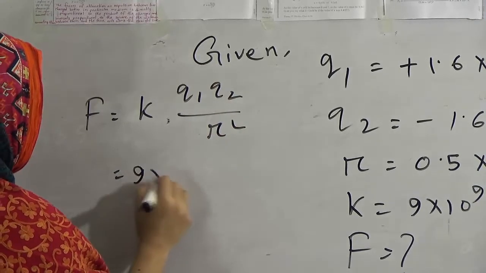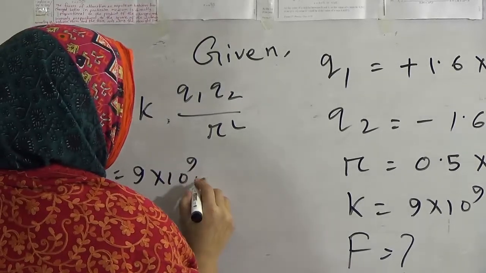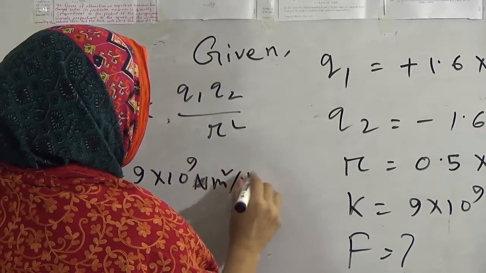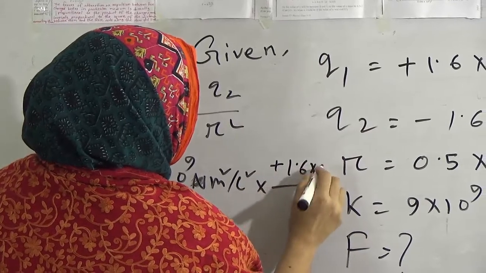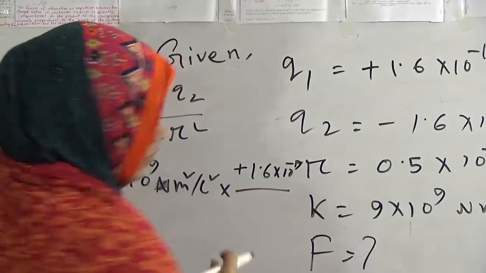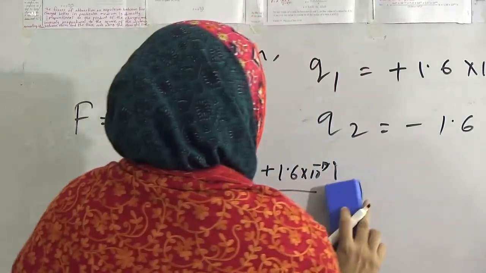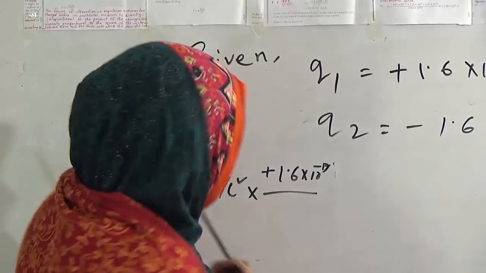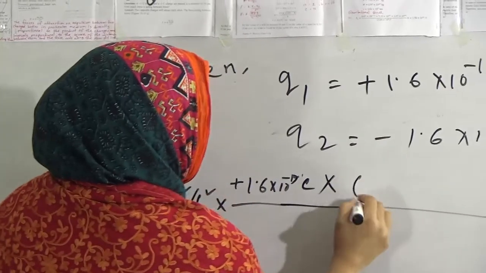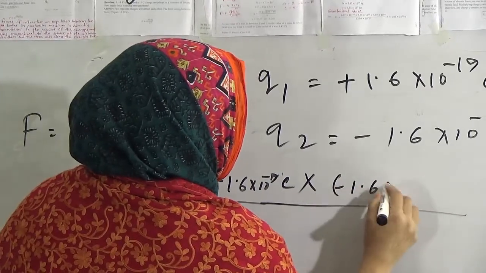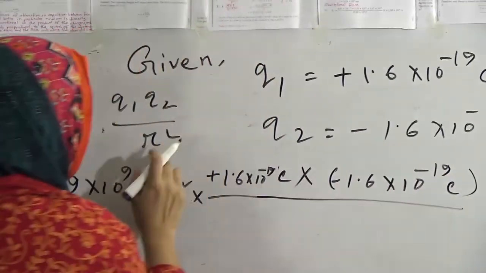K means 9 into 10 to the power 9 Newton meter square per Coulomb square, into Q1, which is plus 1.6 into 10 to the power minus 19 Coulomb, into Q2, which is minus 1.6 into 10 to the power minus 19 Coulomb, divided by R square.